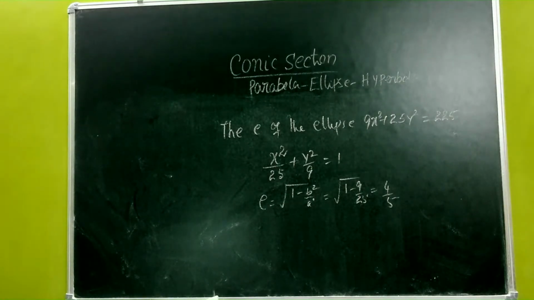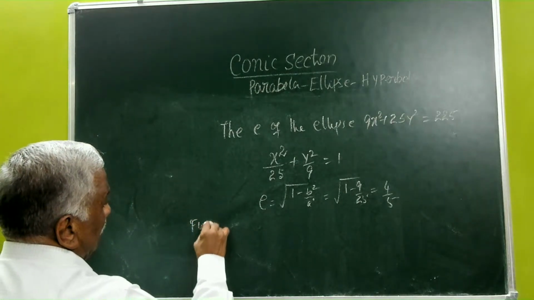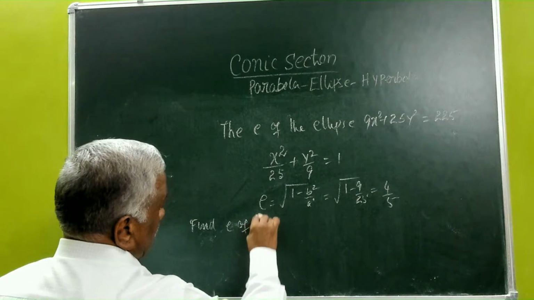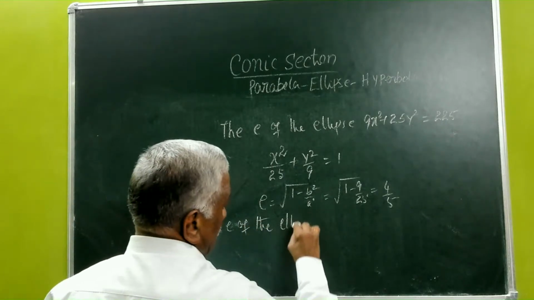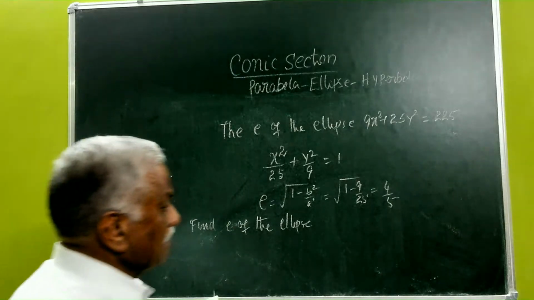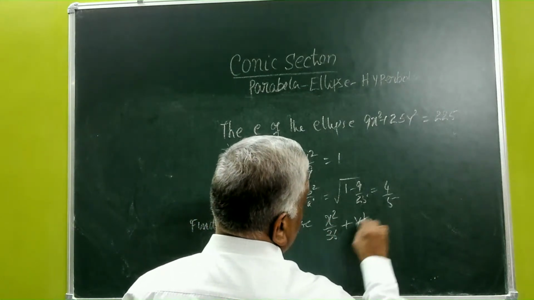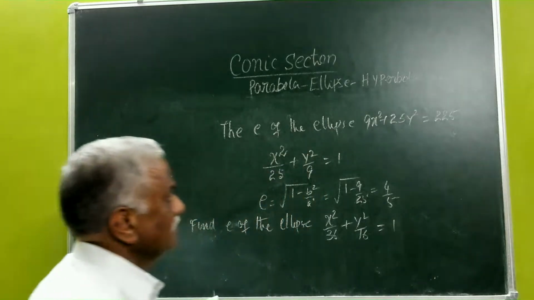The next problem, find the eccentricity of the ellipse. Find E, again one more problem of the ellipse: x square by 36 plus y square by 16 equals 1.